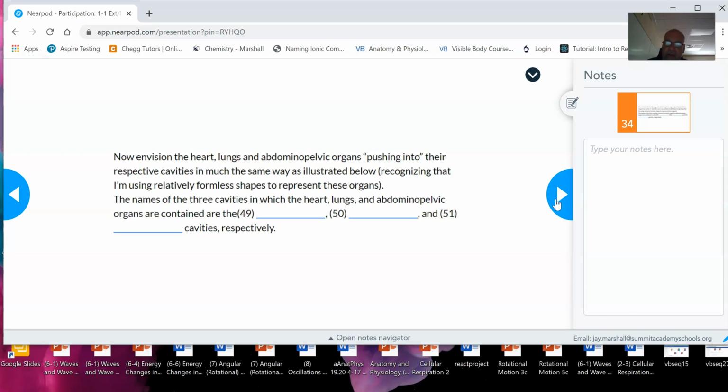And the names of the three cavities in which the heart, lungs, and abdominal pelvic organs are going to be are the pericardial, pleural, and abdominal pelvic.